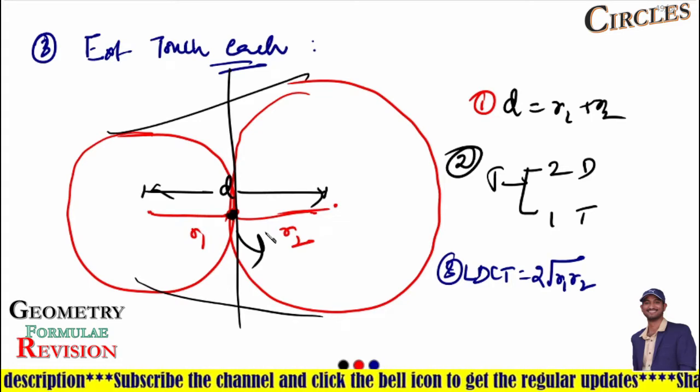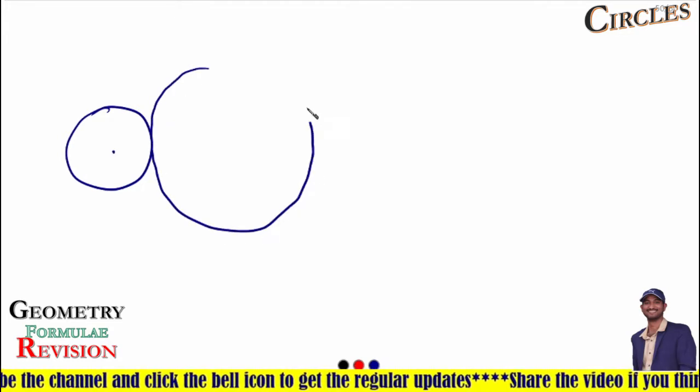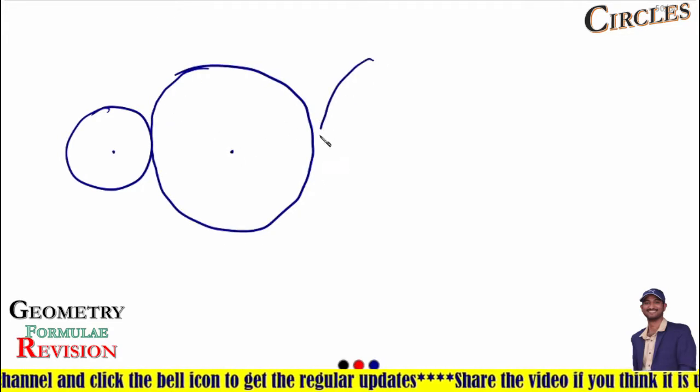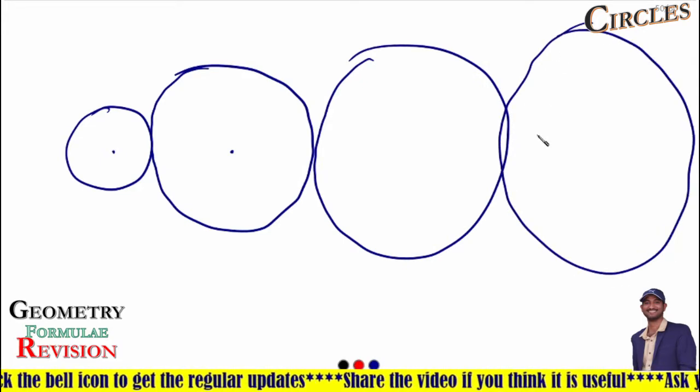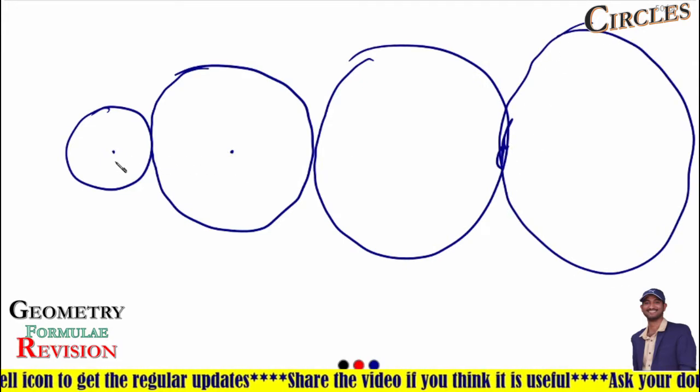Okay. And suppose there are n circles externally touching each other like this. All are tangential circles.